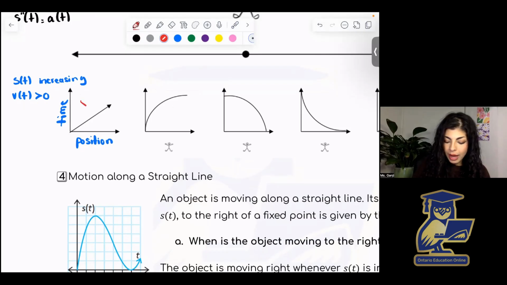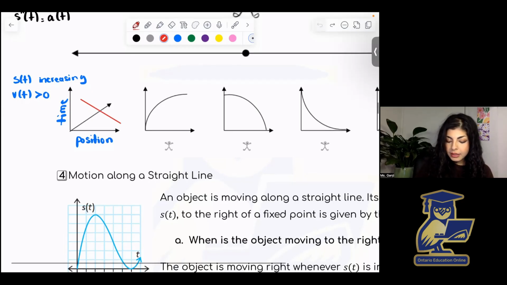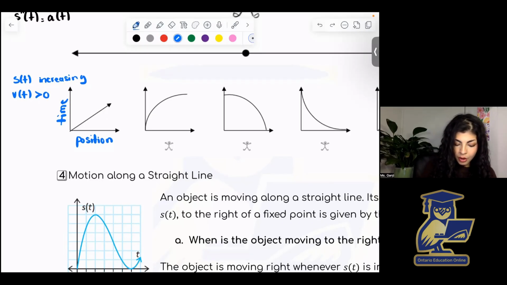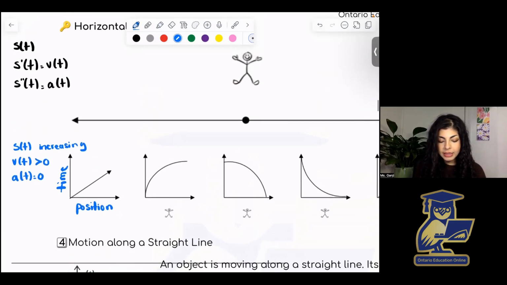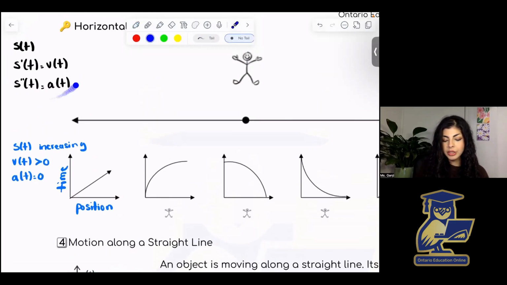And we can also have something like this. And in this case, we would have a constant velocity, but it would now be negative. So it might be like -5. And finally, our acceleration here is also 0. And I did put this up here just as a reminder that v of t is s prime of t and acceleration is s double prime of t, so the second derivative of the displacement.